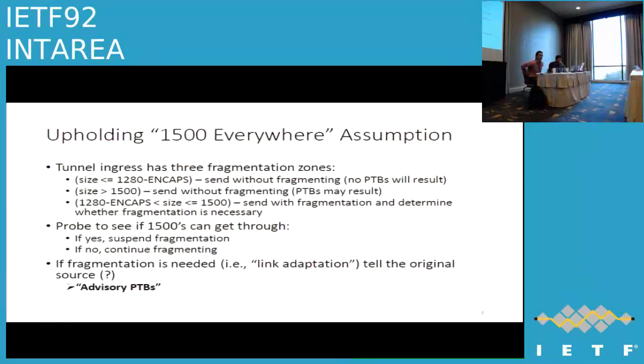Anything in the middle zone, larger than 1280 minus encaps and less than 1500, might have to use fragmentation to get through, and probe to see whether fragmentation is still necessary. If fragmentation is needed, it would be nice if we could tell the original source that the tunnel is fragmenting, so it could back off and either limit the size of the packets it sends or do the fragmentation itself. This is what I'm calling an advisory packet too big.